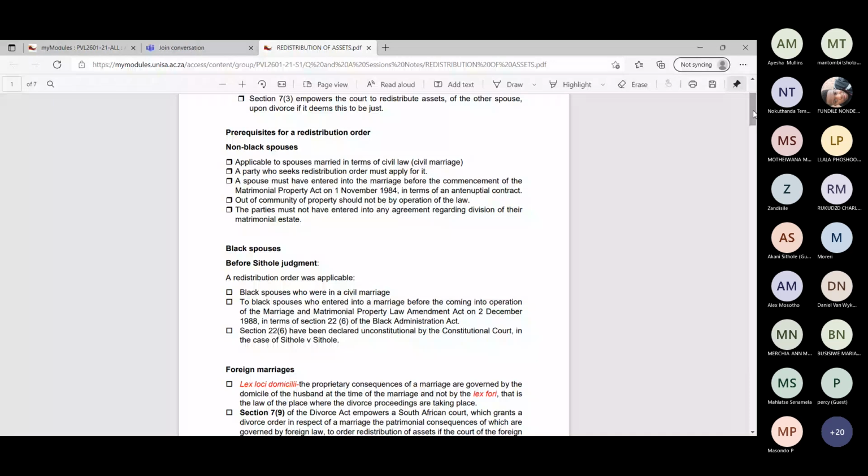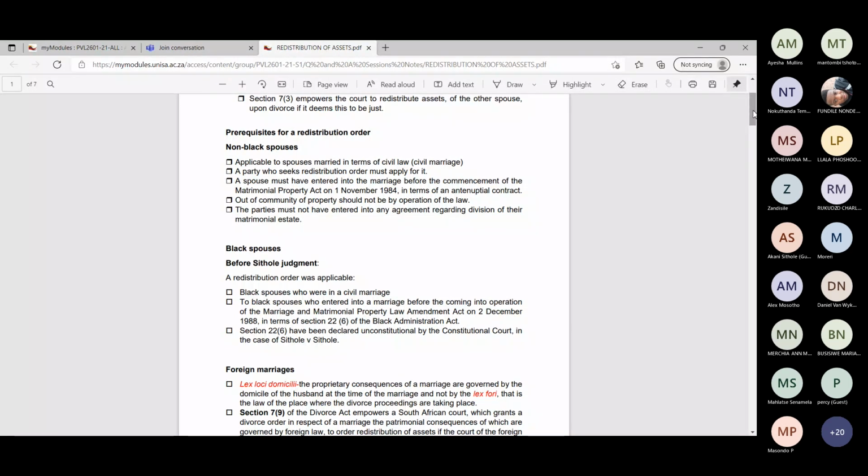For example, a housewife who was a homemaker throughout the marriage has an estate sitting on 0, while the husband who was working has an estate sitting on 1 million. The wife can ask the court to redistribute assets from the husband's estate to the wife's estate, so that the wife does not leave the marriage empty-handed.